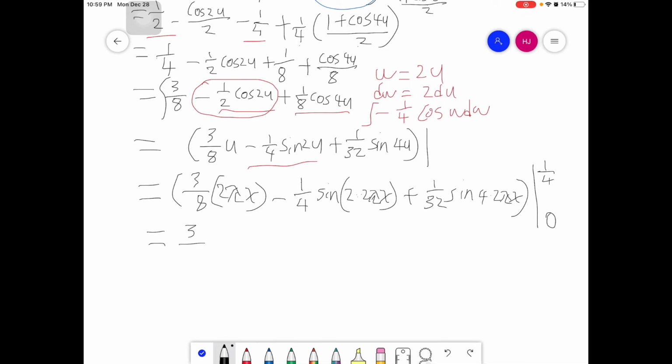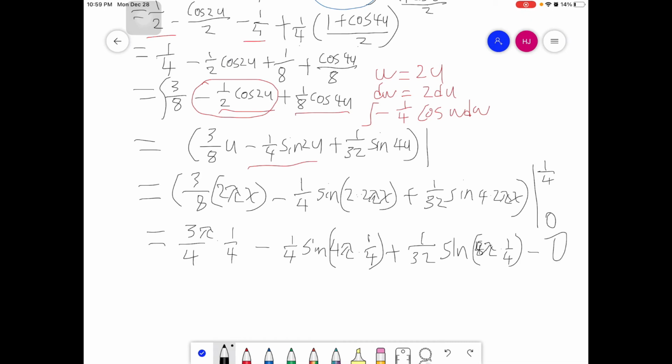3/4 pi times 1/4, minus 1/4 of sine 4 pi times 1/4, plus 1/32 sine 4 times 8 pi times 1/4, minus 0.